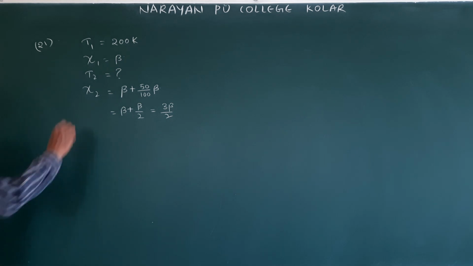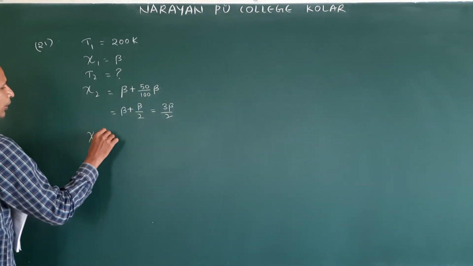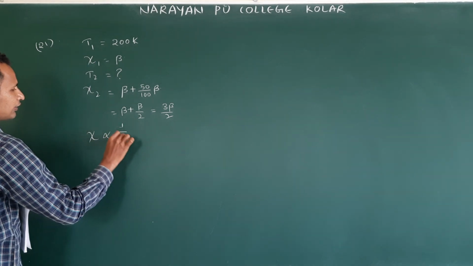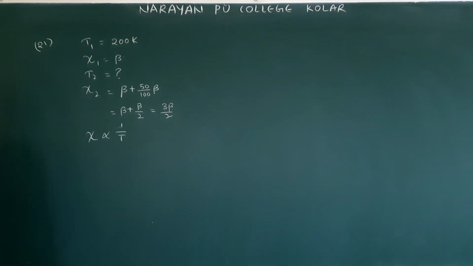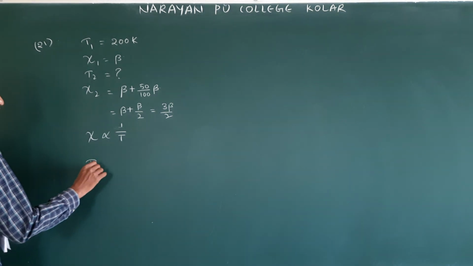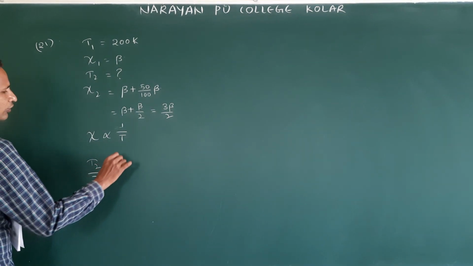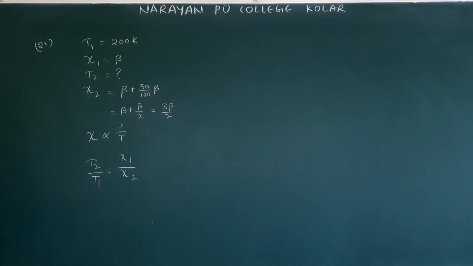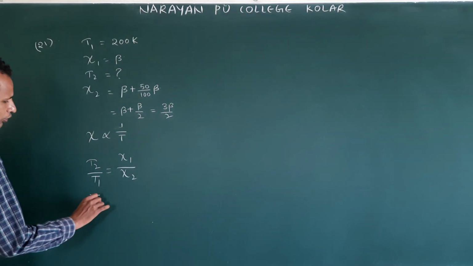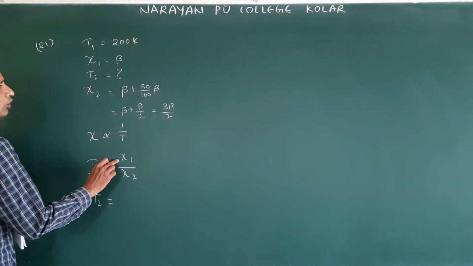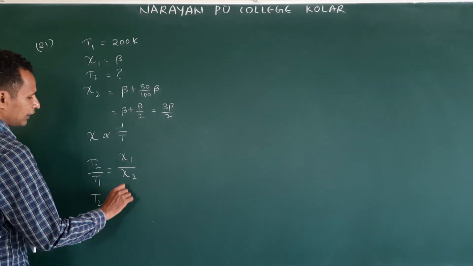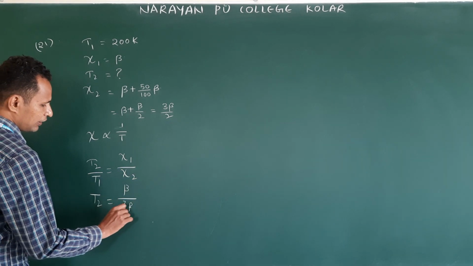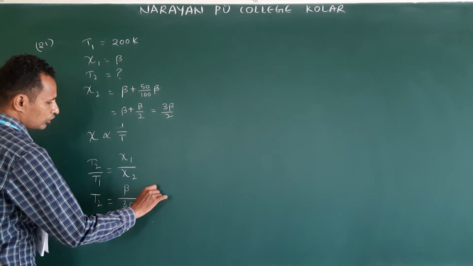Now what is the relation between susceptibility and temperature? Inversely proportional, 1 by T. So they are asking T2. Then how do we write? T2 by T1 is equal to the ratio of susceptibilities, first susceptibility beta by second 3 beta by 2. So T2 is equal to beta by 3 beta by 2 into T1.